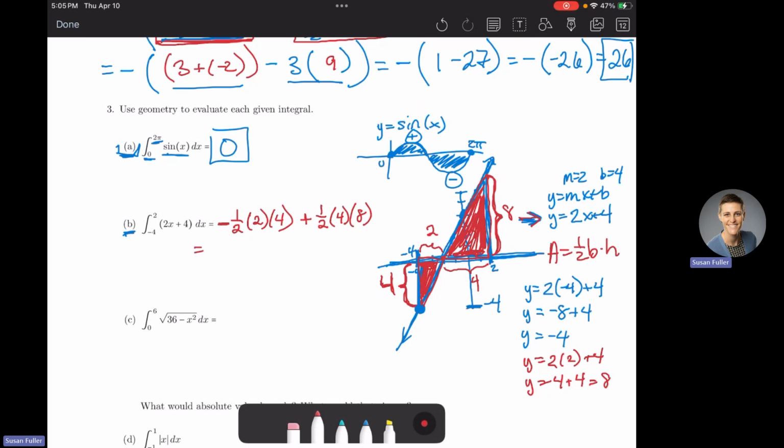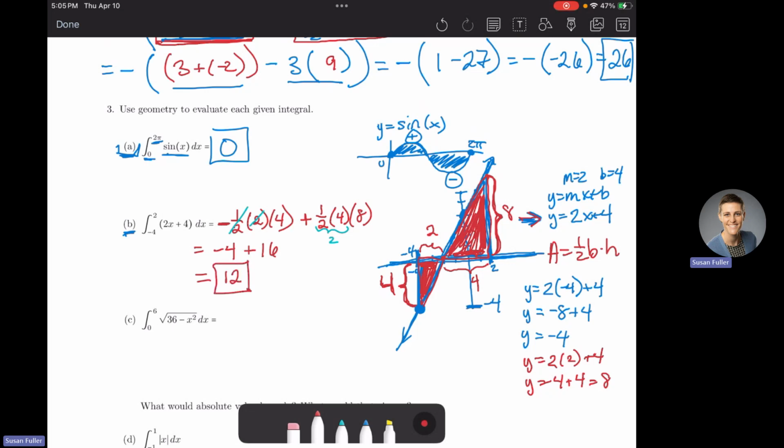So these 1/2 times 2 is just 1. They're going to cancel. And so I'm going to have -4 plus 1/2 times 4. That's going to be 2 times 8. That's going to give me 16. -4 plus a positive 16 is going to give me a positive 12.